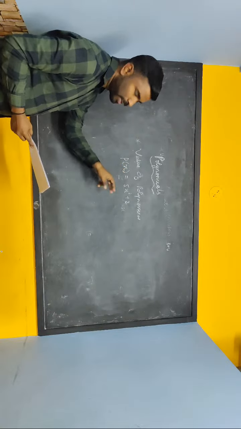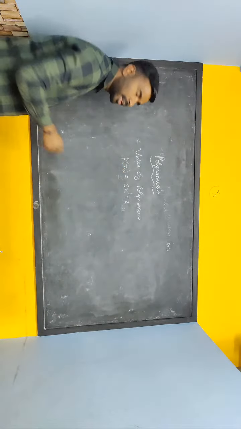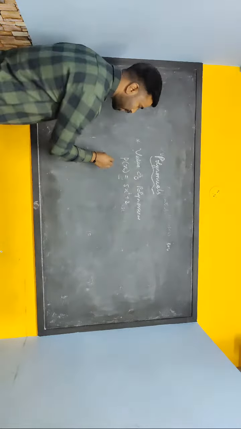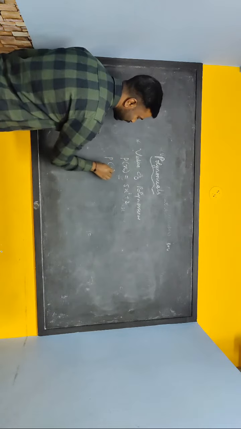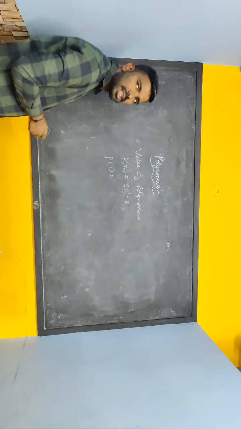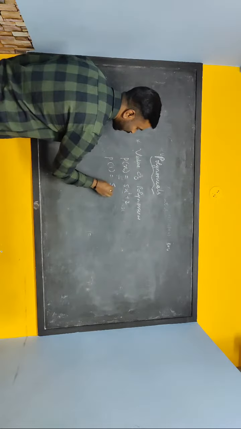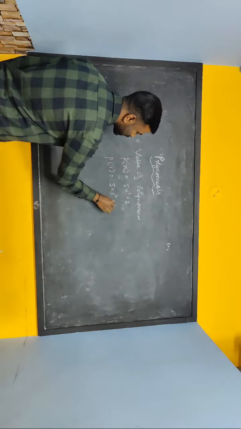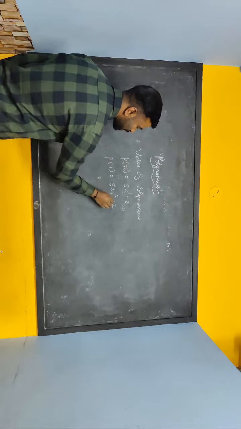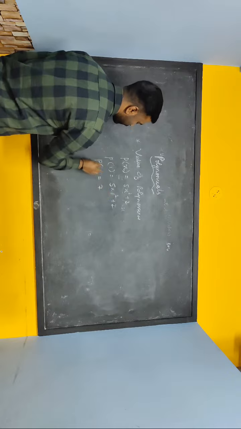For this polynomial, if I ask you to find out p of 1, what we do? Replace x by 1. 5 into 1 square plus 2. 1 square is 1. 1 fives are 5. 5 plus 2 is 7.